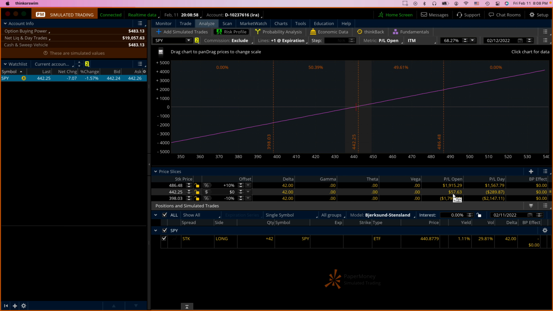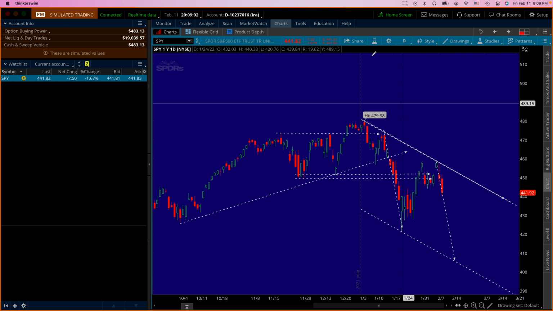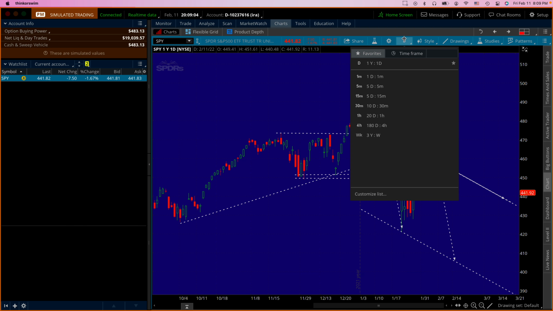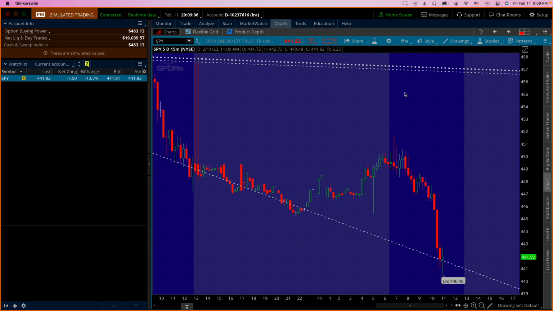Obviously the market is bouncing since I started talking here a little bit. Let's say if we take a look at a 15-minute chart, yeah, there was a bit of a bounce from the bottom. I don't necessarily mean that it's going to break this trend, but short term in this 15-minute chart, which we don't care about, it is jumping.